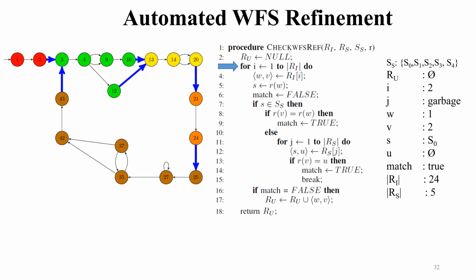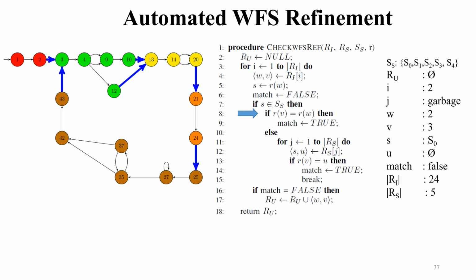The value of I is incremented, and we look at our second transition, which is 2, 3. So W and V get the value 2, 3. Now the refinement map of 2 is still S0. So S gets the value S0. Match is changed to false. The if condition on line 7, where S0 belongs to the set of states of the specification, is true.